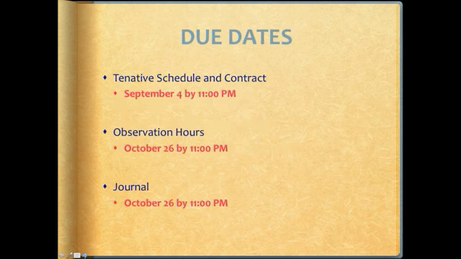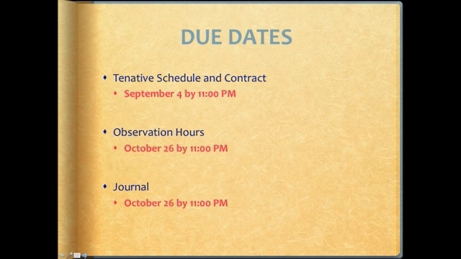Your due dates. So your schedule and contract are due the second week of school, September 4th by 11 p.m. And remember, those will be scanned into the computer, saved as a PDF, and uploaded to the Dropbox on Moodle. Your observation hours and journal are due October 26th by 11 p.m. If you finish any of this early, you can submit it early.